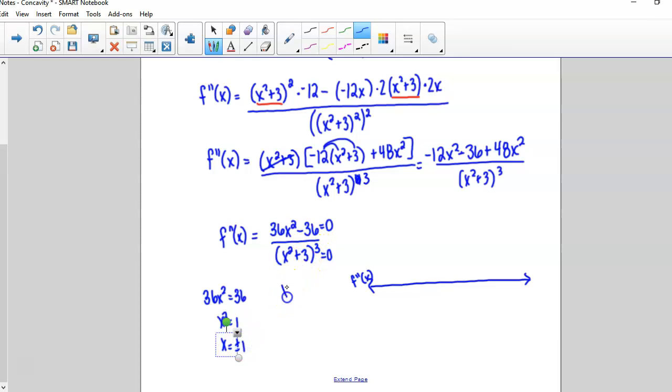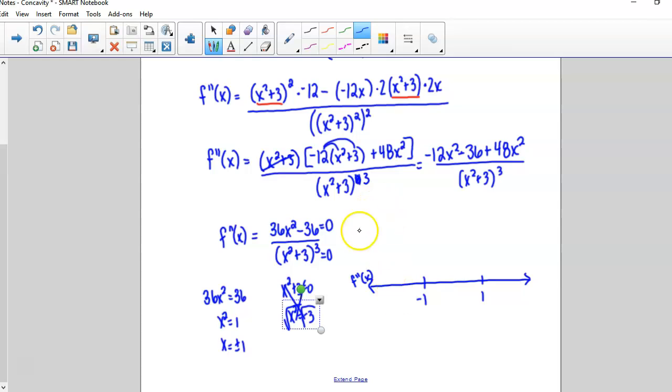And then over here, you're going to have x squared plus 3 equals 0. So x squared equals negative 3. When you take the square root of both sides there, you get a negative over the square root, so you don't get any critical values from that. So we just have negative 1 and positive 1.